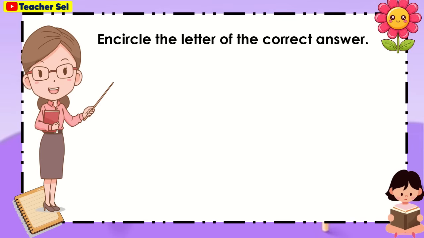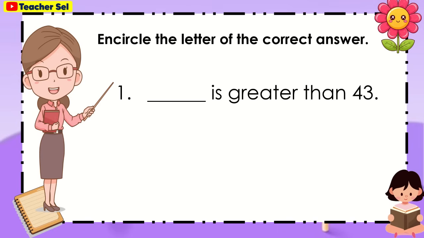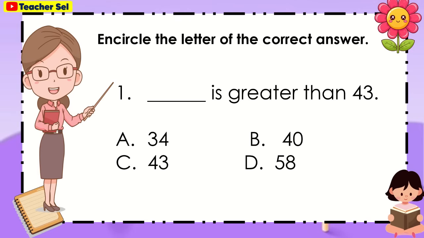Encircle the letter of the correct answer. Number 1. Blank is greater than 43. A. 34, B. 40, C. 43, D. 58. You're right, the correct answer is letter D. 58 is greater than 43.